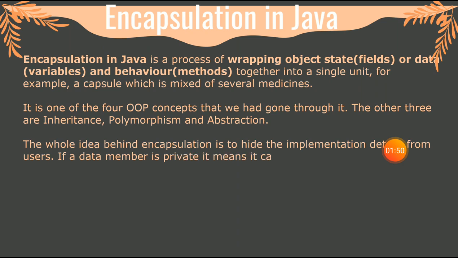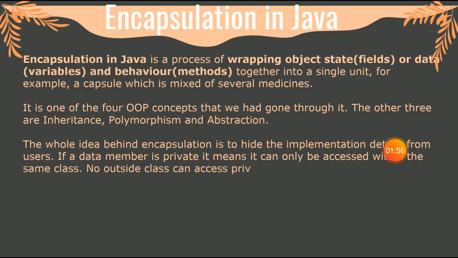If a data member is private, it means it can only be accessed within the same class. No outside class can access private data members or variables. So private is the keyword that we use just before the variable or method to make it hidden.